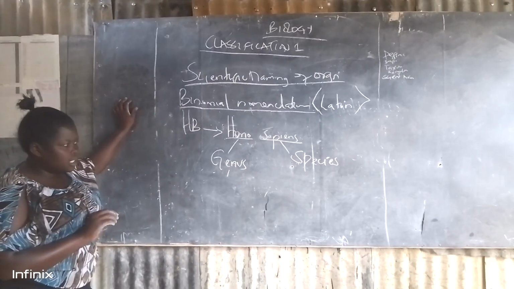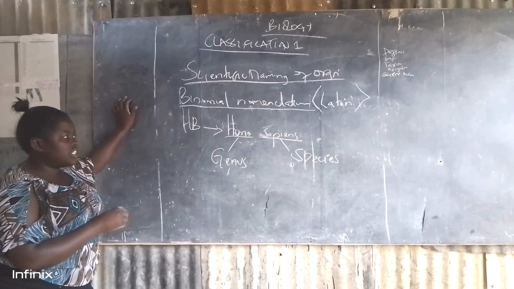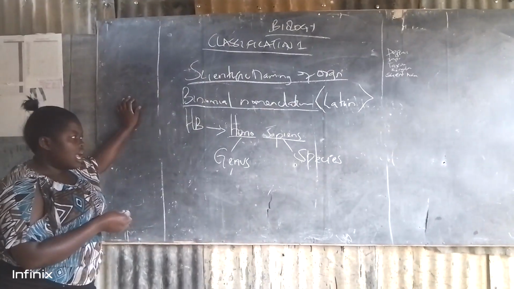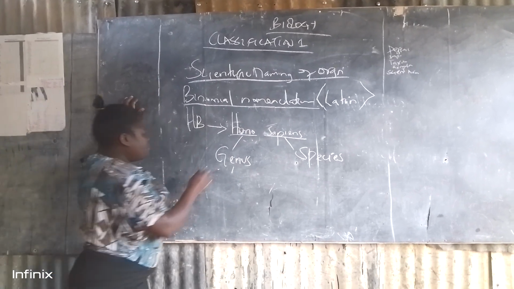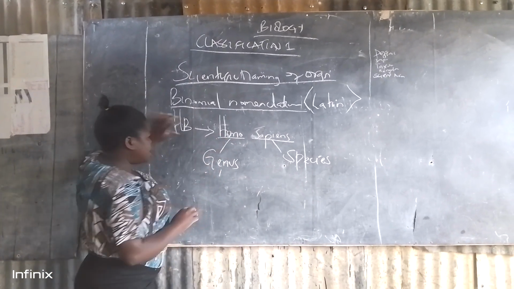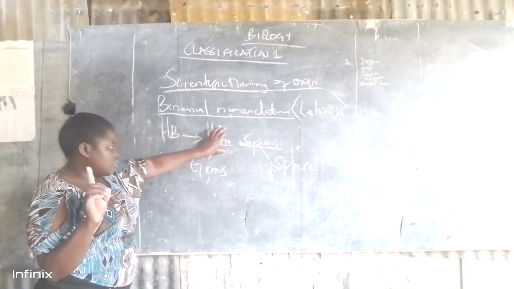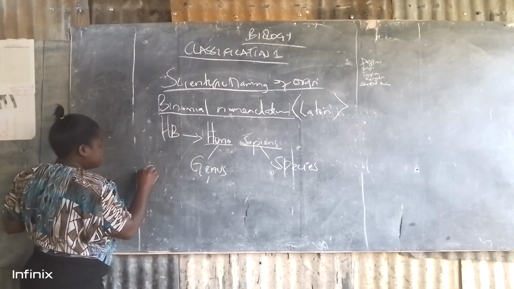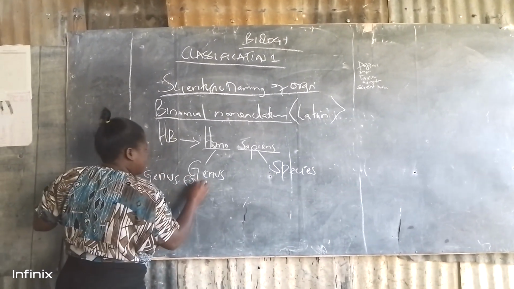Here we have the rules and how the binomial nomenclature or double naming of organisms is followed. Number one, the first name, that is Homo, is the genus, followed by species.